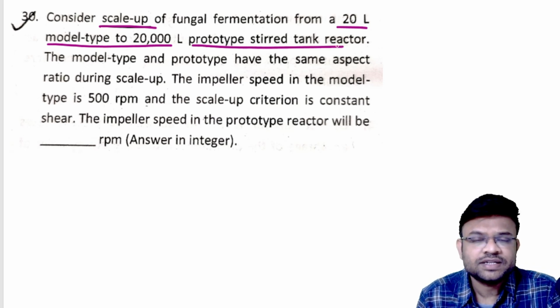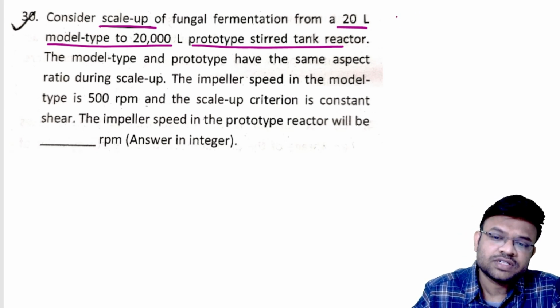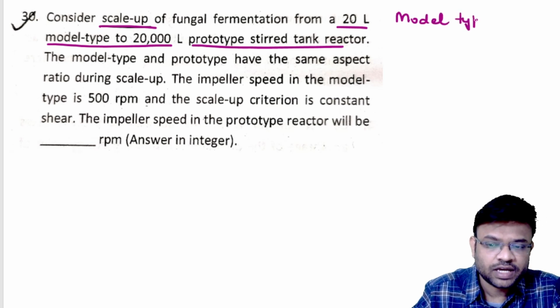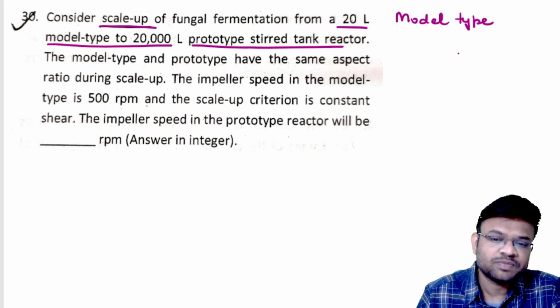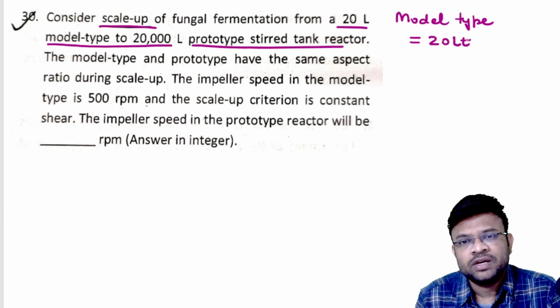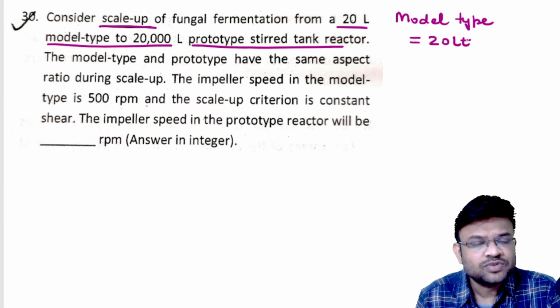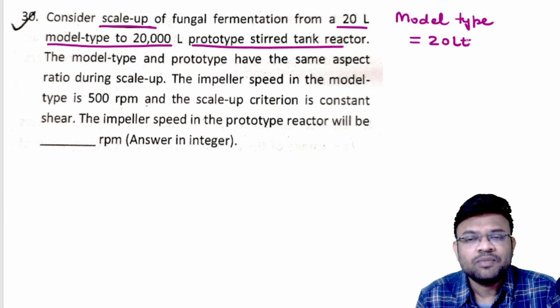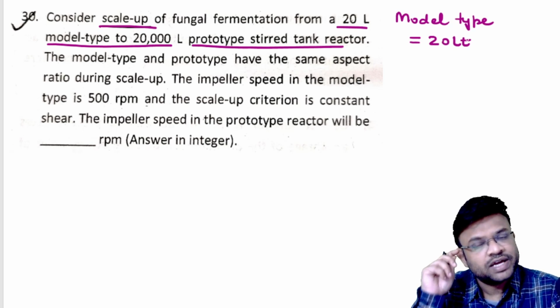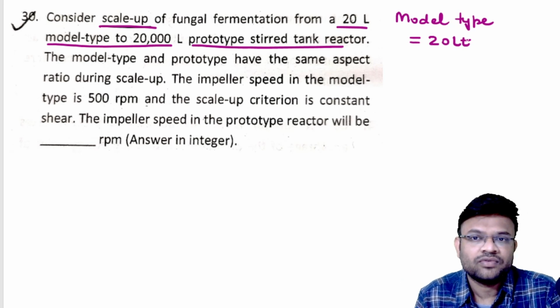In the first line itself they have mentioned that there are two types of fermenter. The first type is the model type fermenter, and its volume has been given as 20 liter. Since there are two types of fermenters, a model type and a prototype, I am going to represent one for the model type and two for the prototype fermenter.